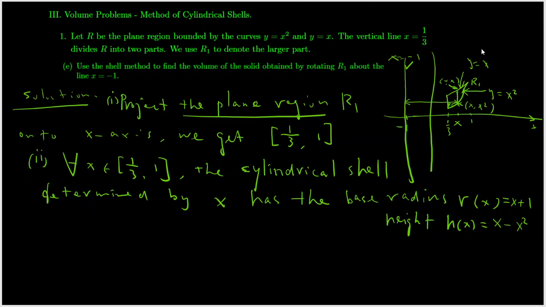I'm too eager to jump to step 3. After getting the base radius and the height, we are ready to have the surface area of the cylindrical shell.